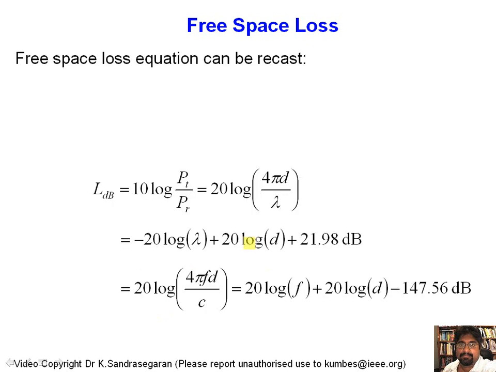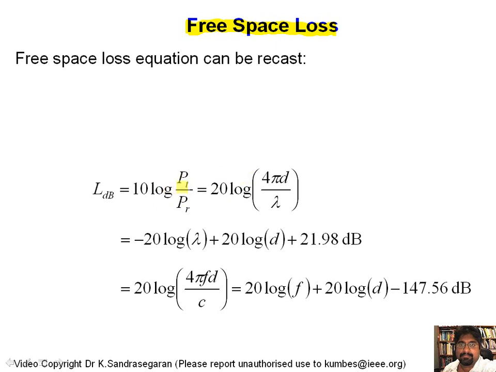You can express this in terms of dBs, and usually there is something called free space loss. Free space loss is the ratio of the receive power, it should actually be the receive power to the transmit power.